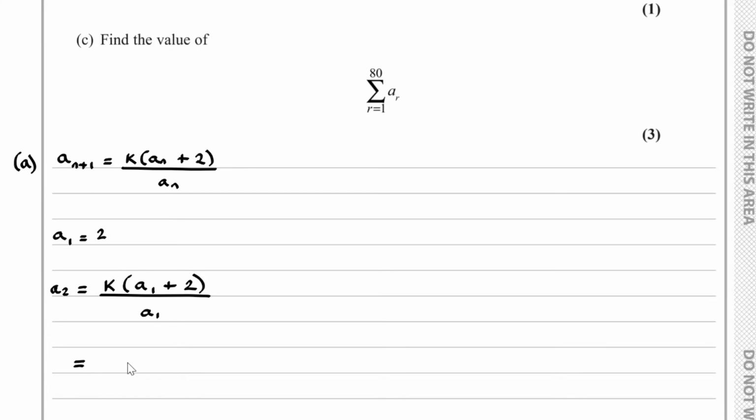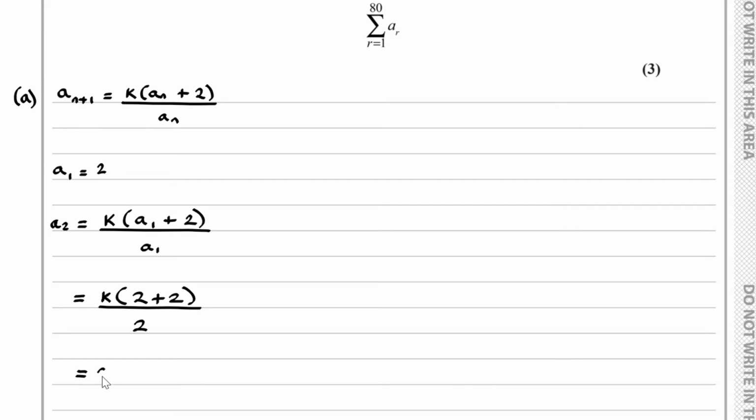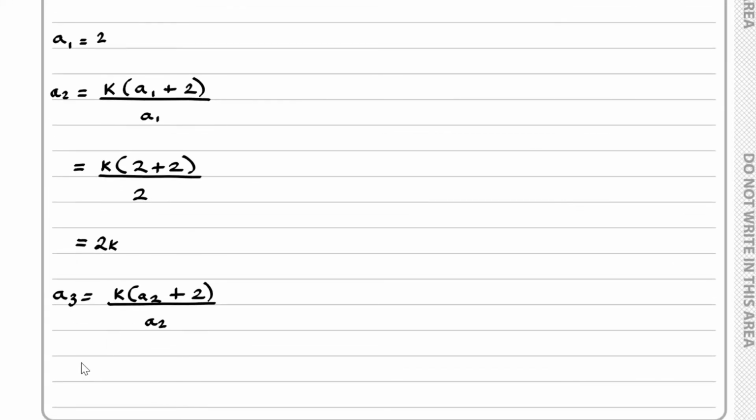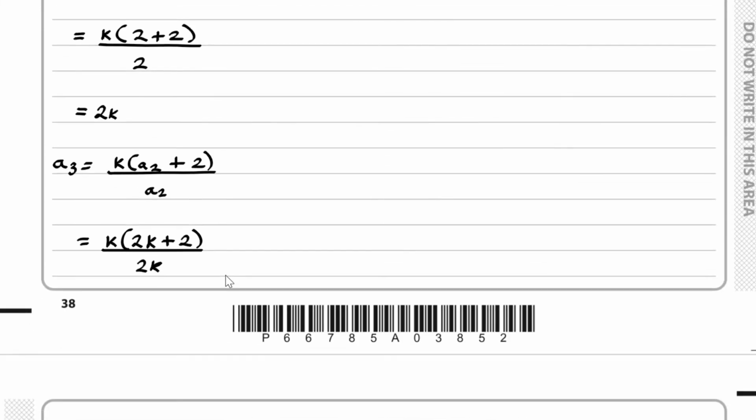So here we've got k lots of 2 plus 2 over 2, and we can simplify this to 2k. a3 is k lots of a2 plus 2 divided by a2. So here we've got k lots of 2k plus 2 divided by 2k. And if we tidy all this up, we get k plus 1.